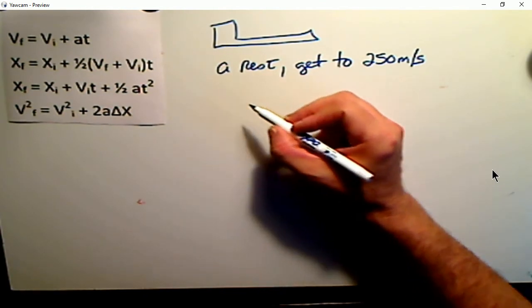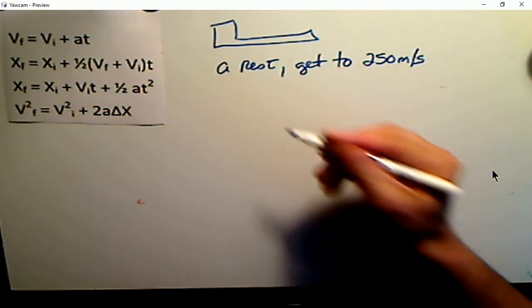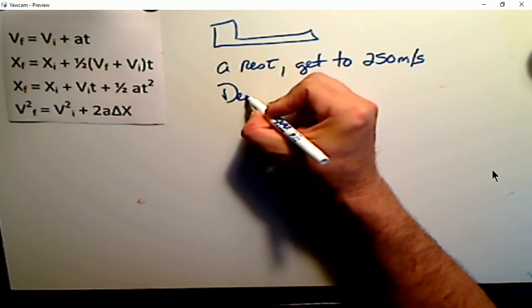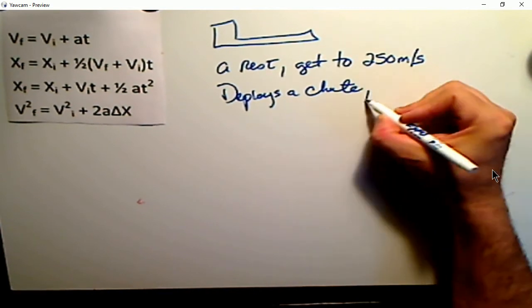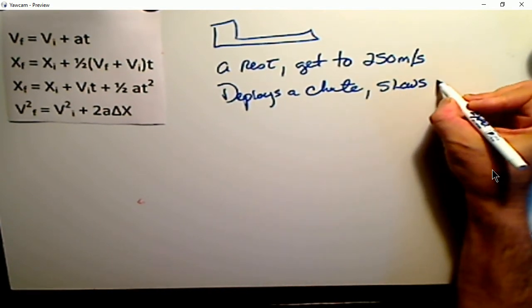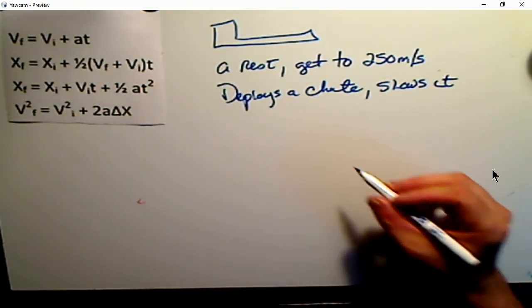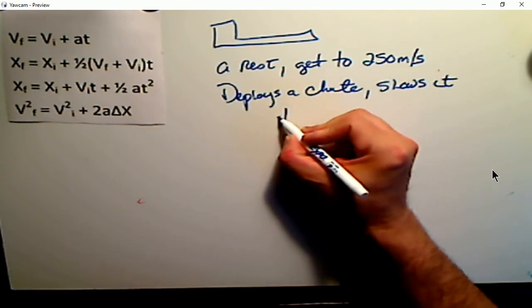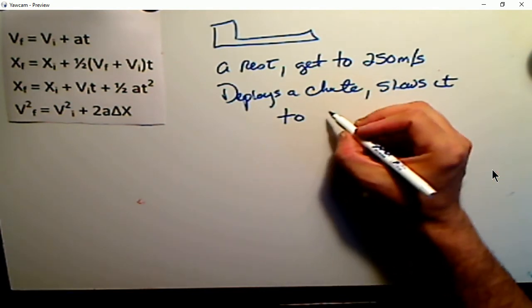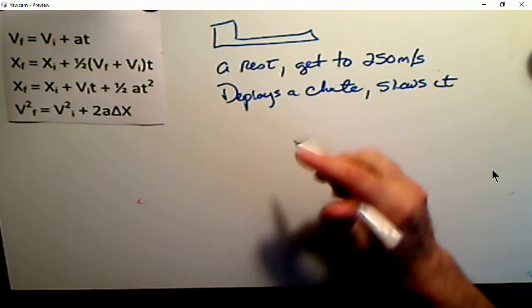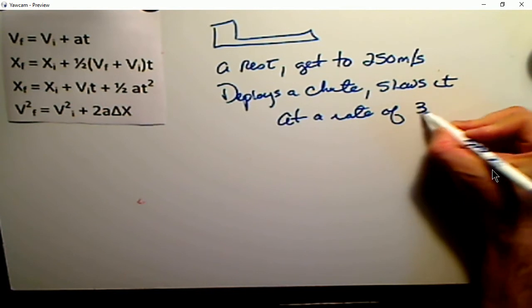Then it deploys a chute, which slows it, or I should say at a rate, let's do it that way, at a rate of 3 meters per second squared.